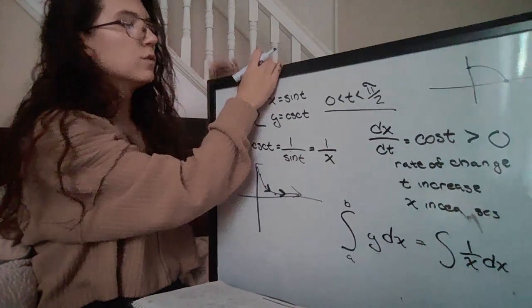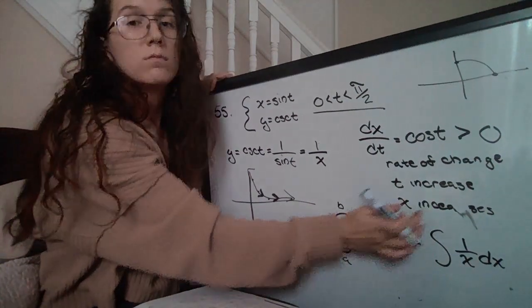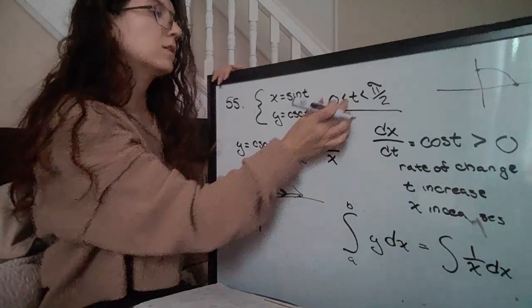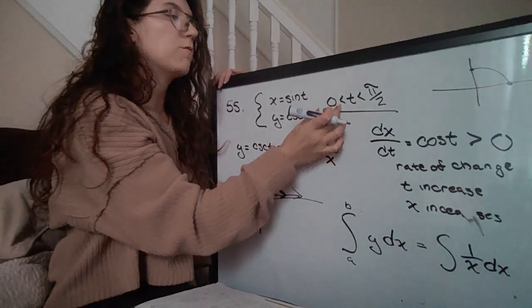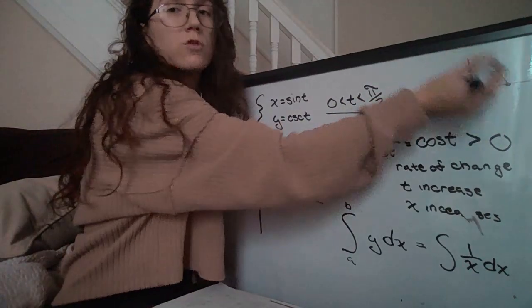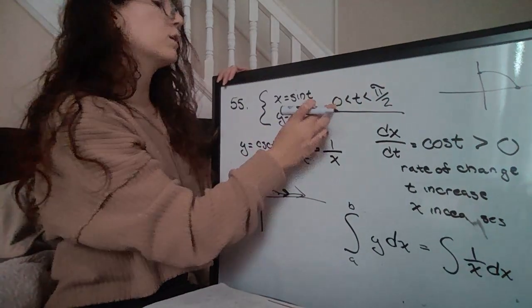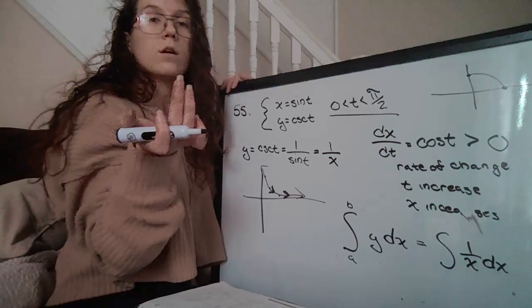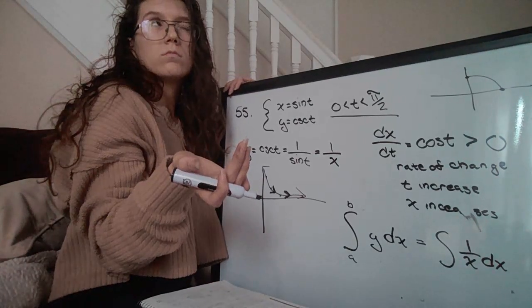And then my bounds are going to be x values. So I'm going to plug in my bounds in my t, because this is my first quadrant from 0 to pi over 2, my first quadrant in the unit circle. So I'm going to plug in 0. Sine of t, what's the sine of 0? 0.